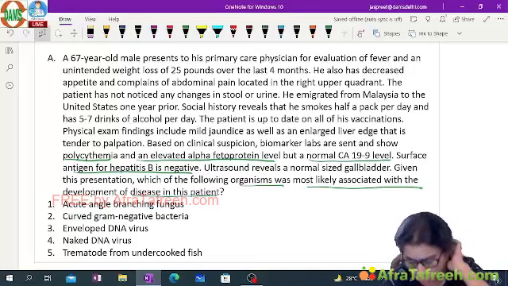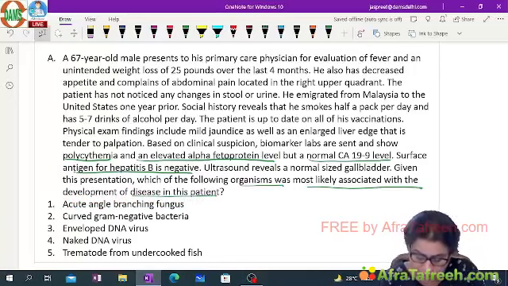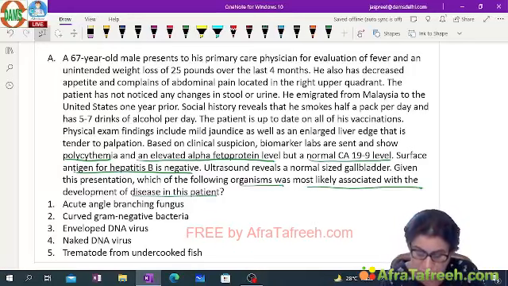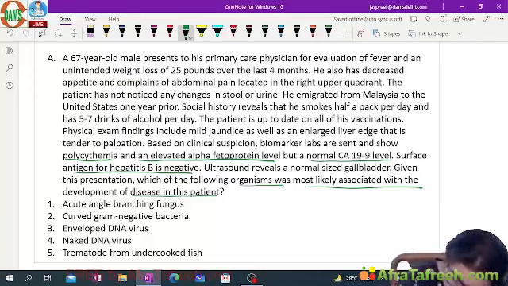Which trematode from undercooked fish causes this? This is a history of hepatocellular carcinoma. We have ruled out hepatitis B by saying that the surface antigen is negative, so the enveloped DNA virus is out. The answer here is A, acute angle branching fungus.